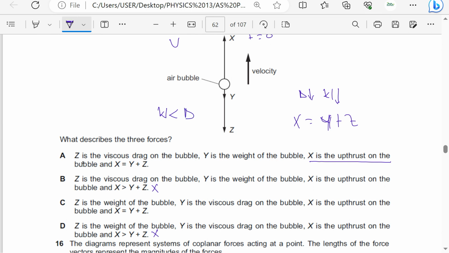So it means Z should be the drag and Y will be the weight. So the answer is going to be A. It won't be C because you can't say Y is the viscous drag and Z is the weight for an air bubble which is extremely light. Because it's extremely light, its weight is going to be smaller than the viscous drag. So the answer is going to be A. Z is the viscous drag and Y is the weight.